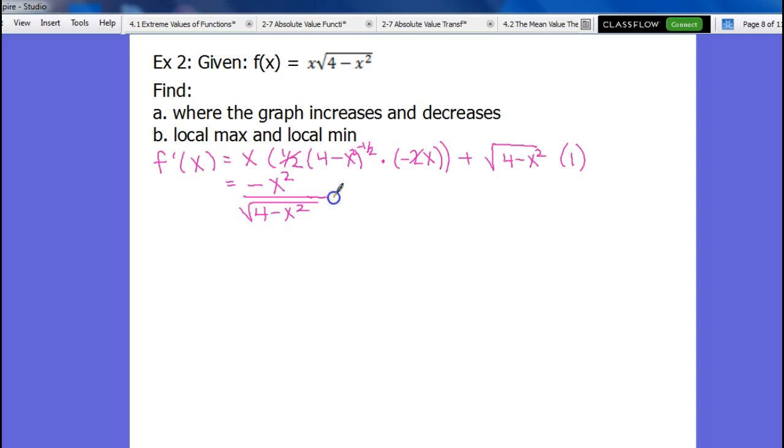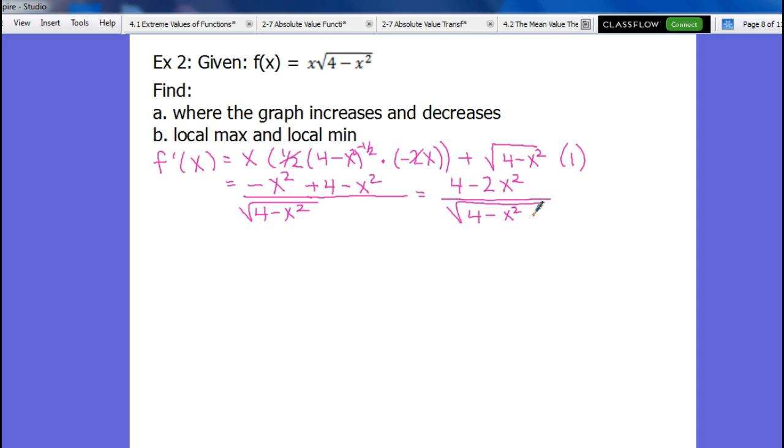So I would multiply this by top and bottom the square root of 4 minus x squared, thus creating a like denominator and turning this numerator into positive 4 minus x squared without your square root. Because look what happens. It's so much easier to look at 4 minus 2x squared and this for critical points.